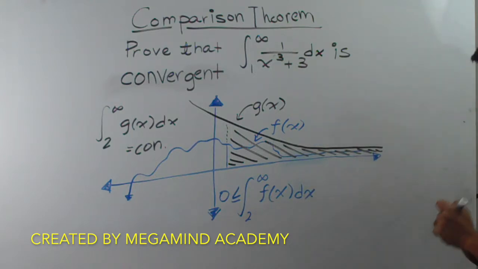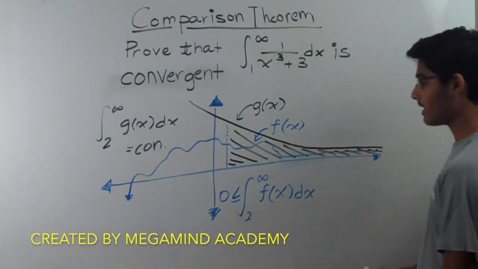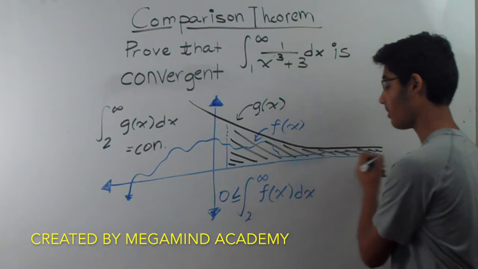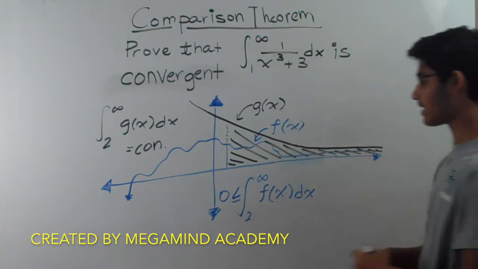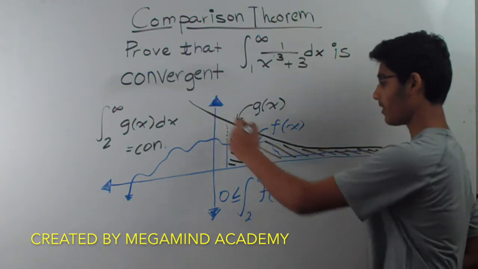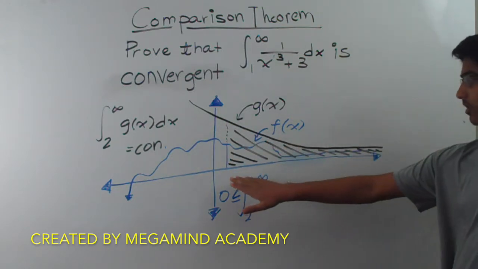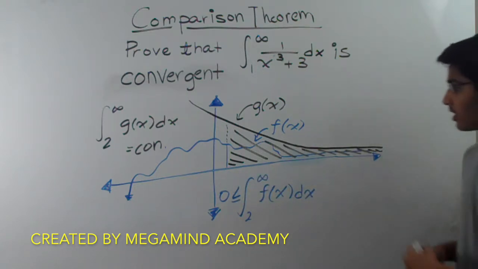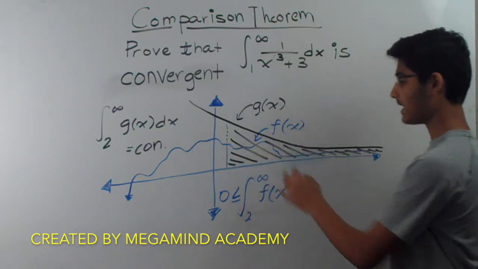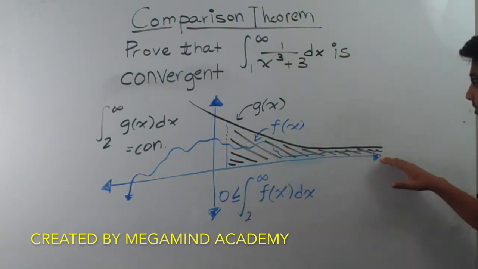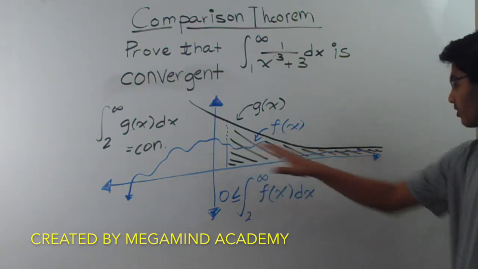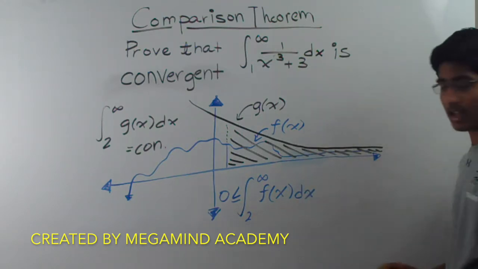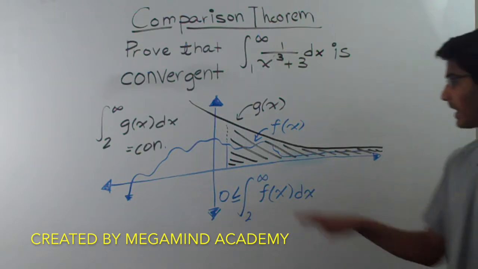So if we knew that we had this finite area, then any function that is greater than the lower bound here, y equals 0, but less than this function on the entire domain of the integral, also has a finite area. Because this function here is inside the shape created by the bound at 2 and the other bound at infinity, the curve, and the line y equals 0. So we have the shape formed.